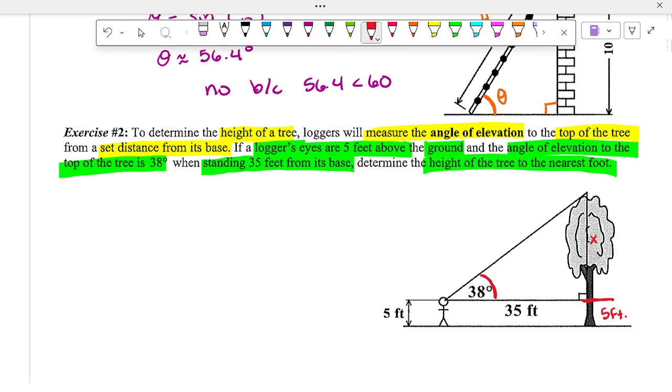So let's label what we got. Given my reference angle of 38, what's x in relation? It's the opposite. And then what is 35? Adjacent. So what trig ratio would I use? Tangent. So tangent of 38 is equal to what?